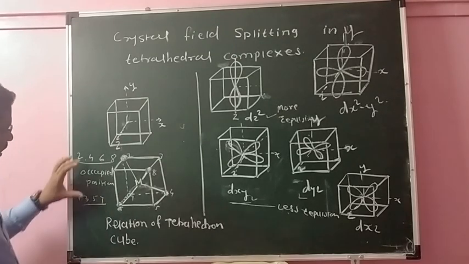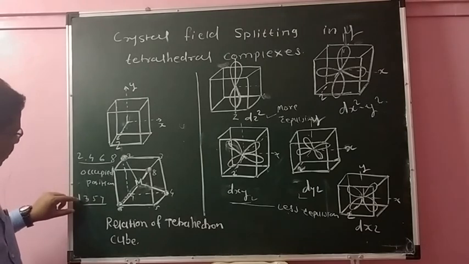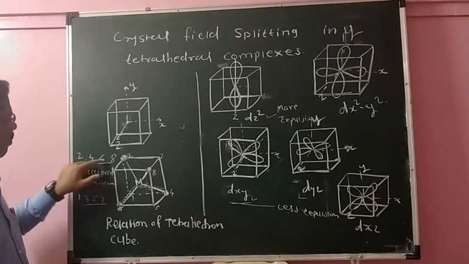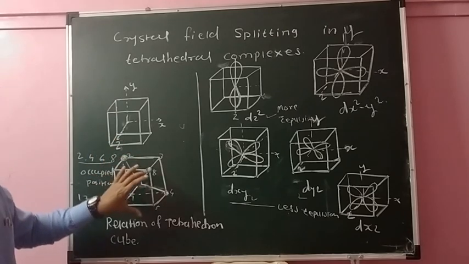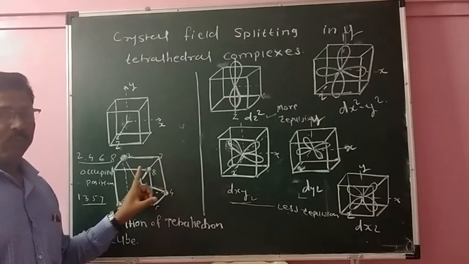That means the 4 ligands may occupy the positions 1, 3, 5, 7 or 2, 4, 6, 8. That means these 4 ligands occupy alternate corners of the cube.